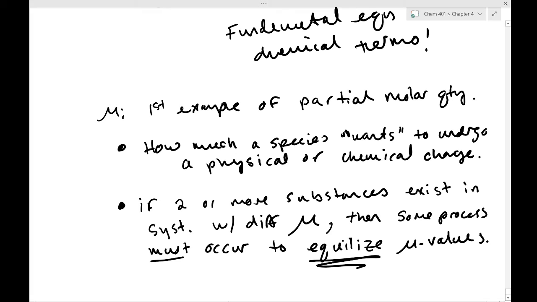So if two or more substances are in a container, and they have different chemical potentials, then some process, whether it's chemical or physical, must occur in order for their chemical potential values to become equal.